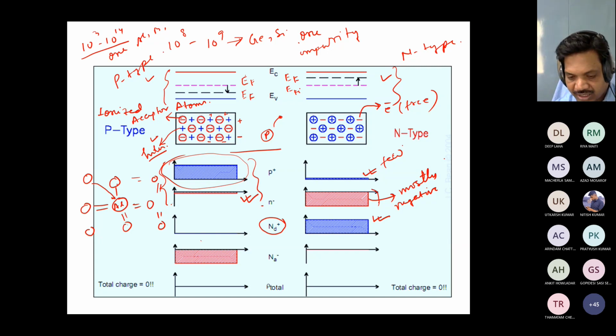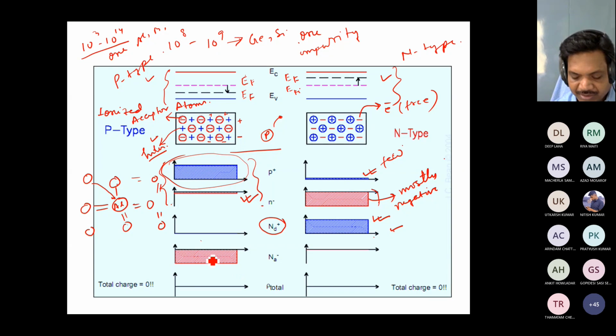This picture will help you understand how the different donors and free carriers are distributed throughout the semiconductor. Are you getting it? Yes, sir.